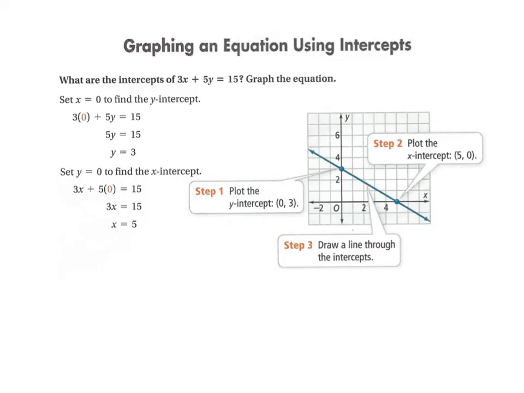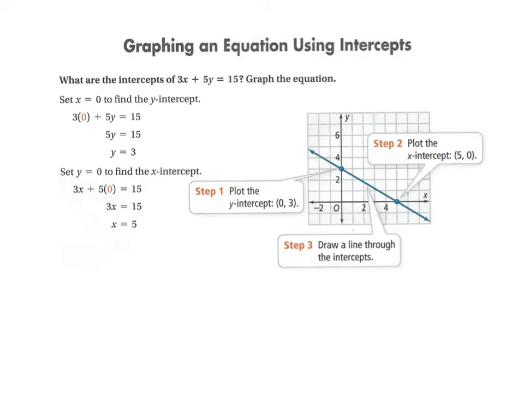So this year you're going to be asked quite a bit about x and y intercepts, so we might as well start off talking about them early in the year. When you find x and y intercepts, really all you're doing is substituting in a 0, because anytime there's a 0 in an ordered pair, it's going to be one of the intercepts, and you solve for the other variable. So if I want the y intercept, I'm going to put a 0 in for x and just do the math.